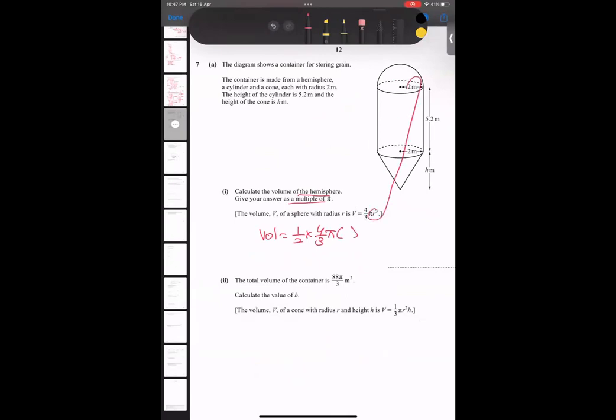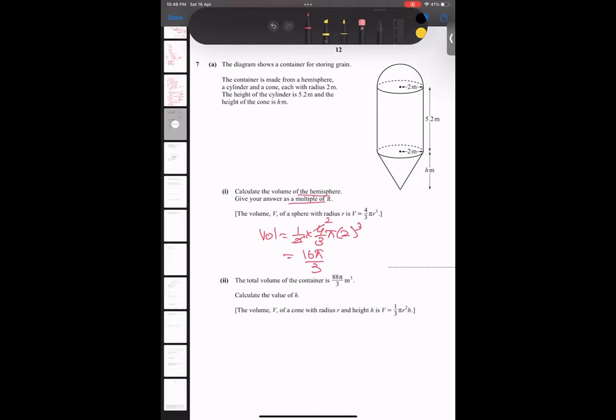And what is radius? 2. So I'm getting what? This 2 and 2 cancel out. So 2 divided by 3 times pi times 8. So I'm getting answer 16 pi by 3 in terms of pi.